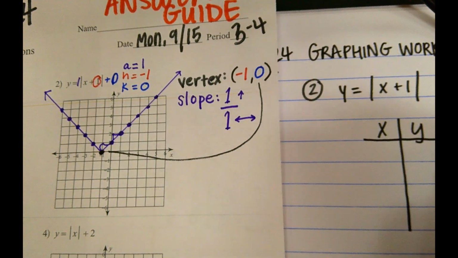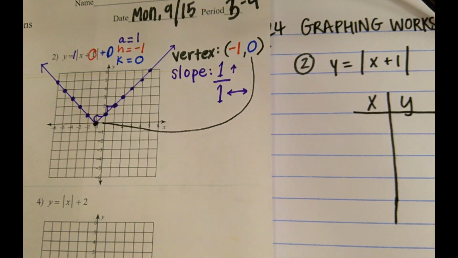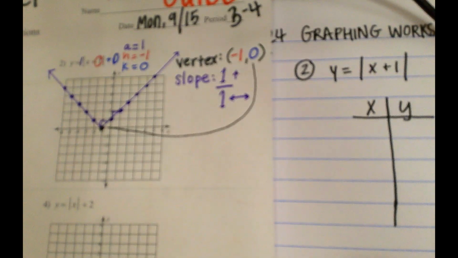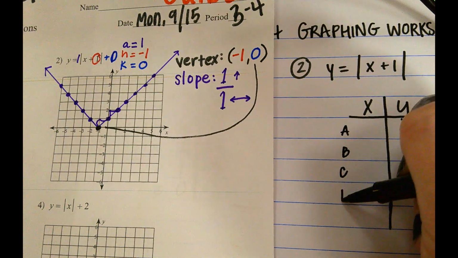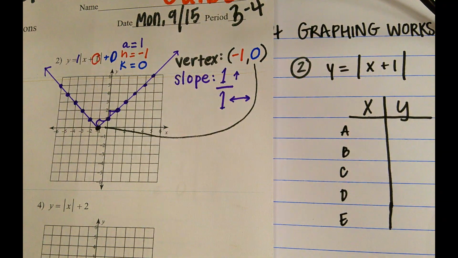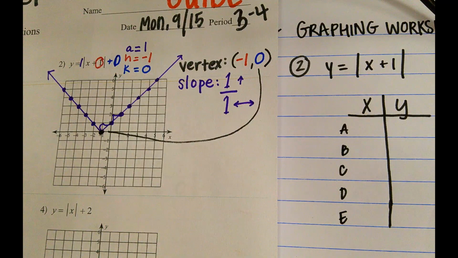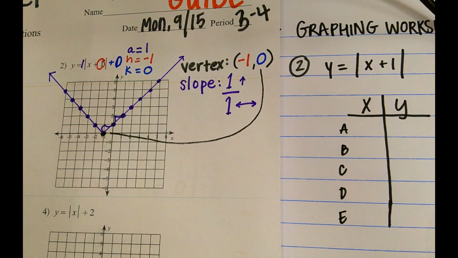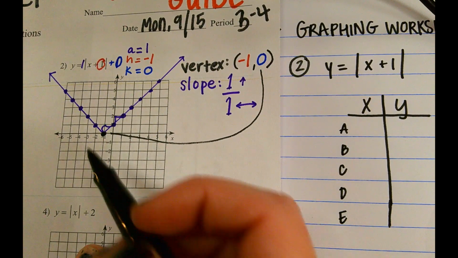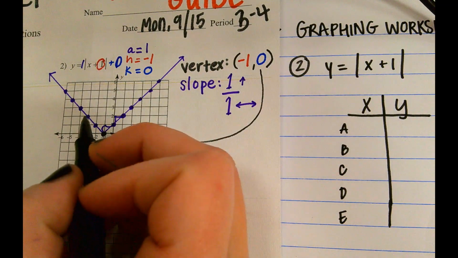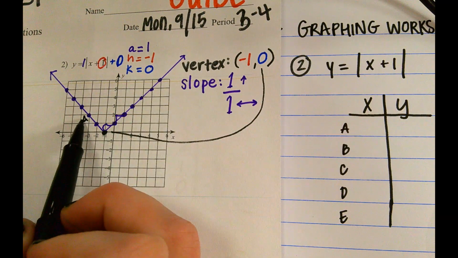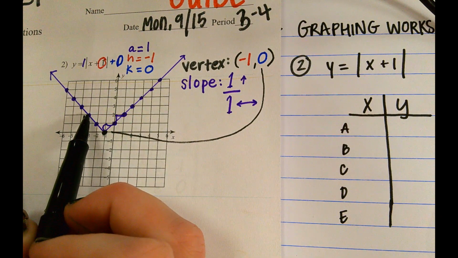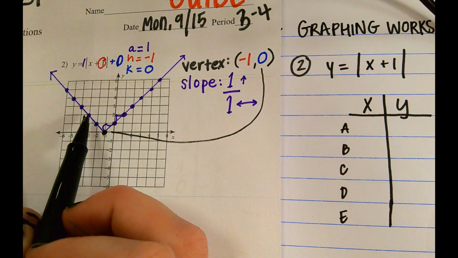Okay, now for our XY chart, it's okay if these are not in a specific order. But I'll go ahead and write A, B, C, D, E. If this is point A, right here, what would my first X, Y values be?